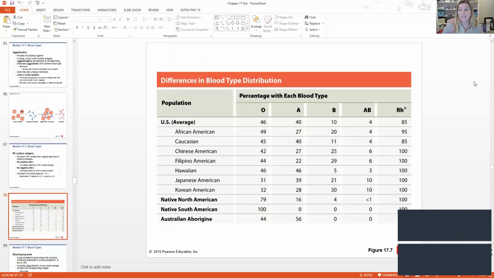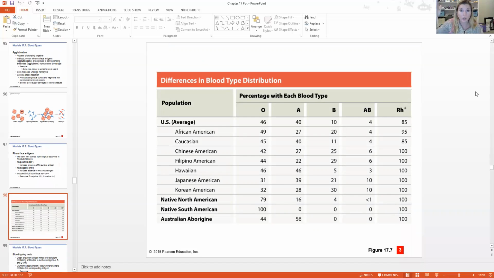It's interesting to observe this, but there is a correlation between where your family is originally from and your blood type. The majority of people on the planet are type O blood. It's the most common blood type.